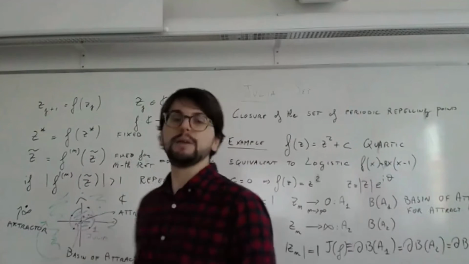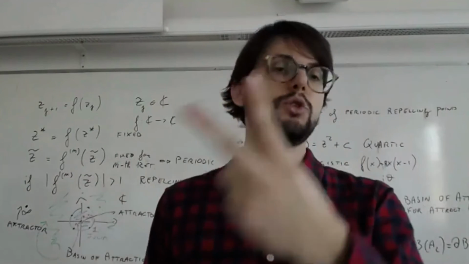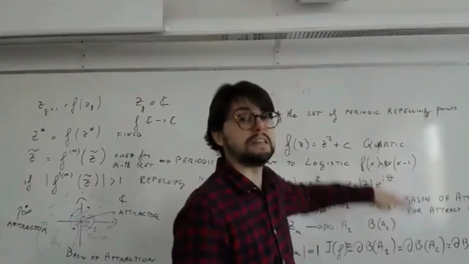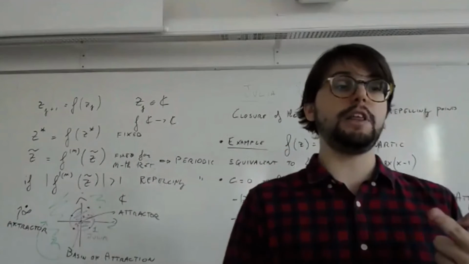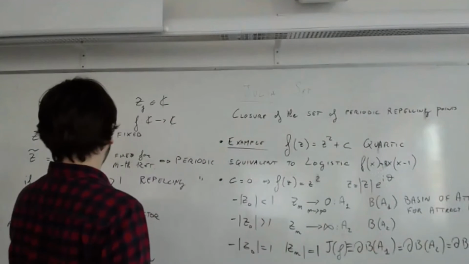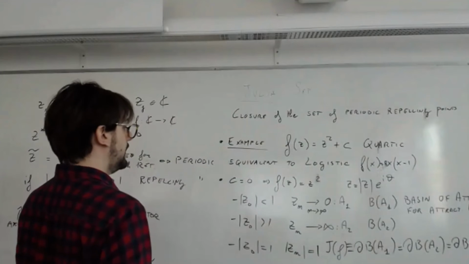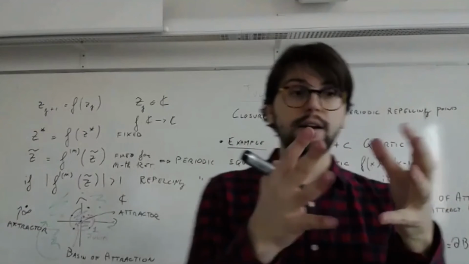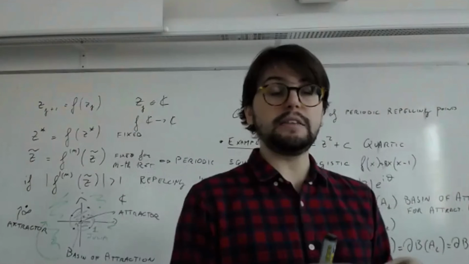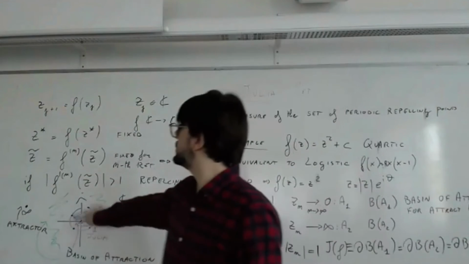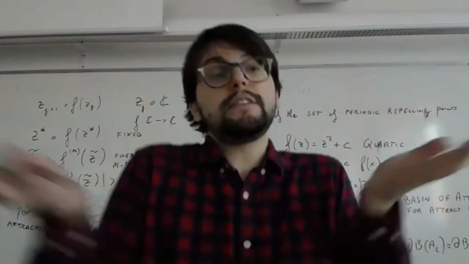In this case, it's very simple because I have only two attractors, 0 and infinity, and I have only two basins. So their interface, their boundary, is very simple. It's this unit circle, and that's fine.